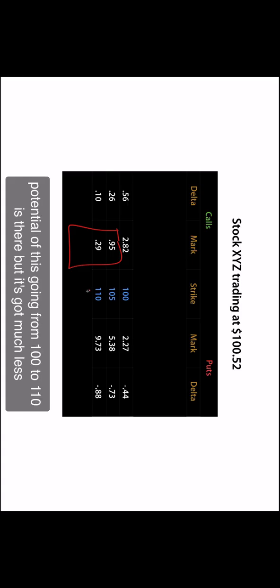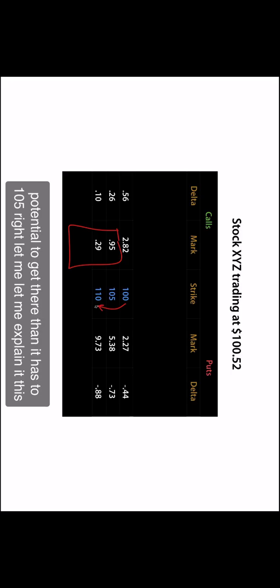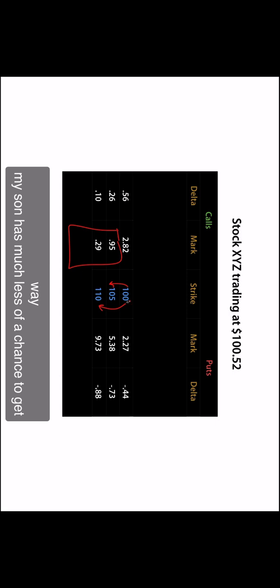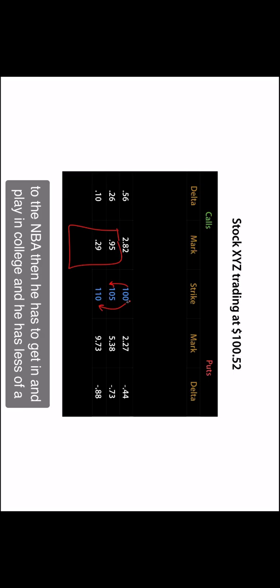In other words, the potential of this going from 100 to 110 is there, but it's got much less potential to get there than it has to 105. Let me explain it this way. My son has much less of a chance to get to the NBA than he has to play in college.